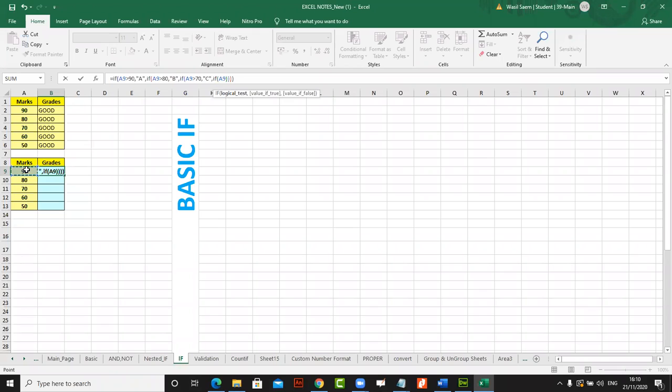This cell, if it's greater than 60, let it be D. Otherwise, now since I'm in the last if, that's important. Since I've decided that with four ifs I can complete my work, now I can specify my false statement. So I would say over here, okay, fine.